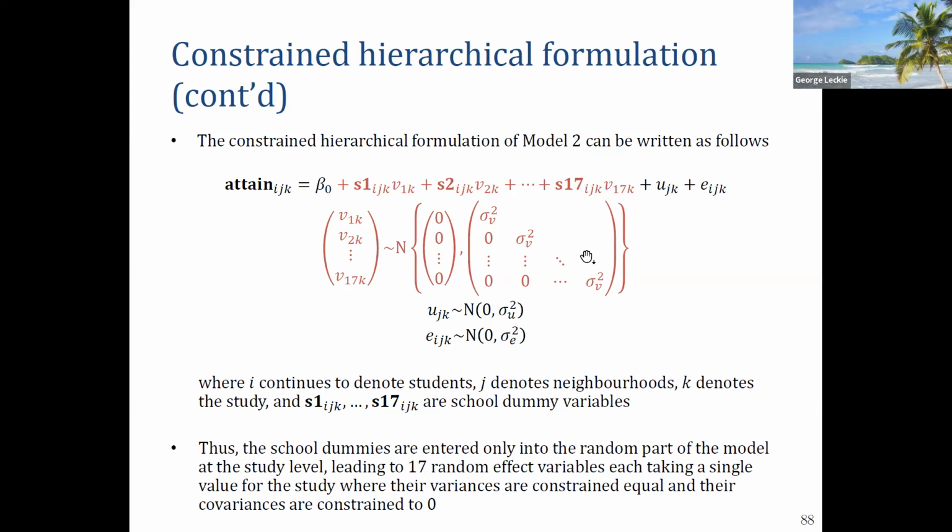That's huge. That's why it's slow. And then here come the constraints. We constrain all their variances to be equal. So the common school variance, that is the 1 parameter we want. So we've got the 17 by 17 matrix. We constrain all the diagonal, the variances, to be a common value, all the off diagonals to be 0. This is why it's grossly computationally inefficient. But that's a 3-level model.